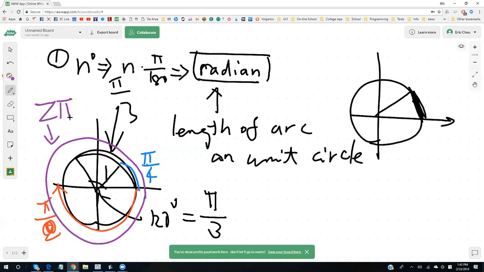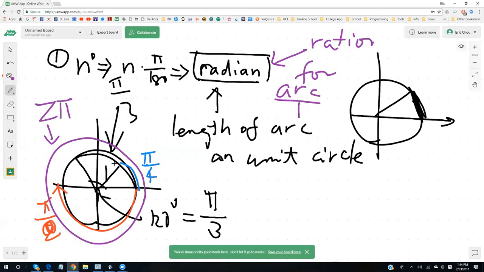So the radian is also the ratio of the arc over 1 on your unit circle. So it's the length of this arc over this 1.